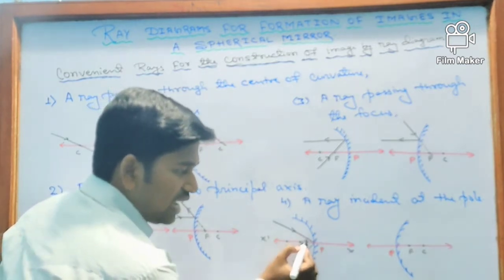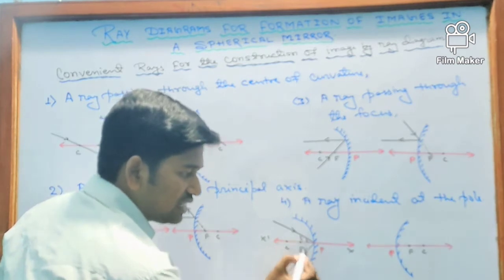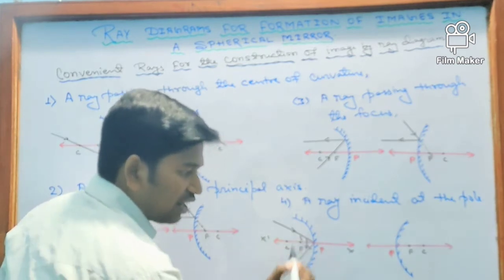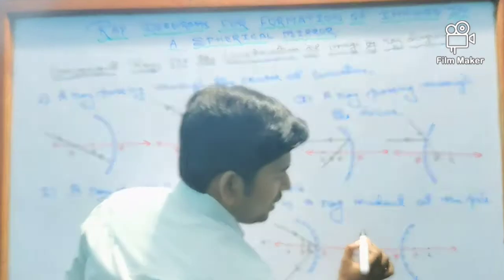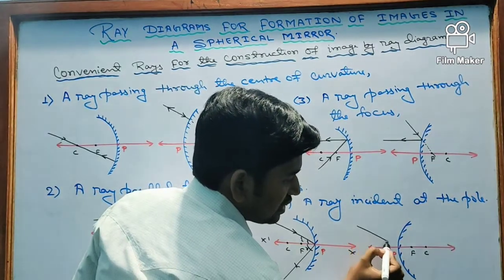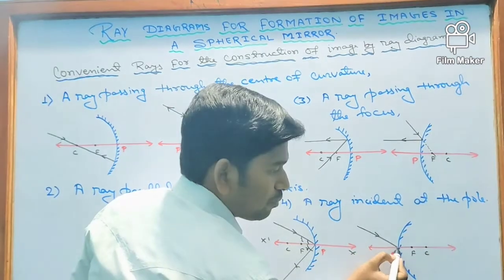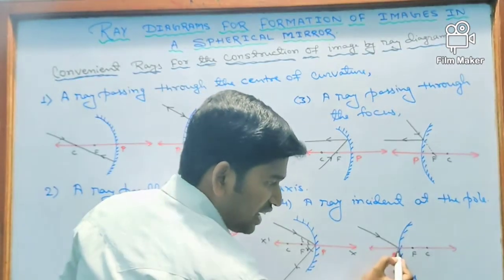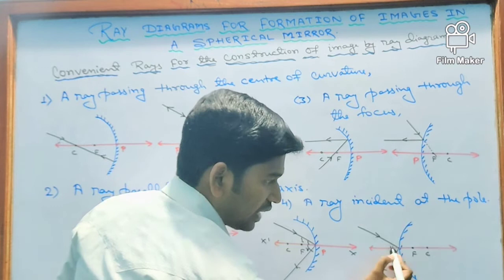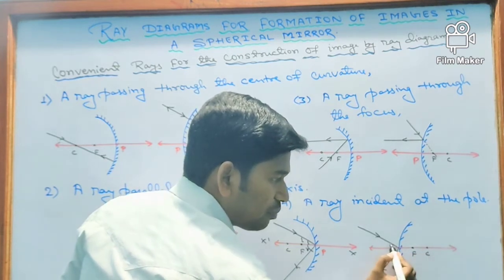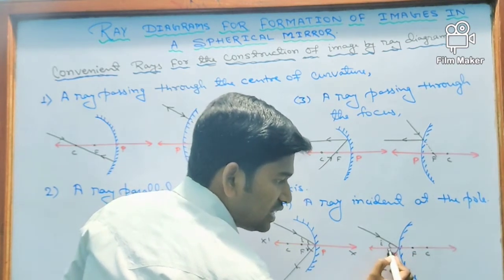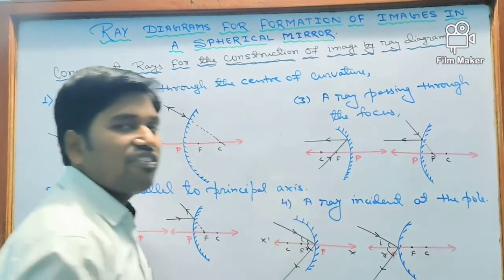That means this angle is the angle of incidence and this angle is the angle of reflection. Similarly, if a ray of light is incident on the pole, after reflection it will be reflected back.